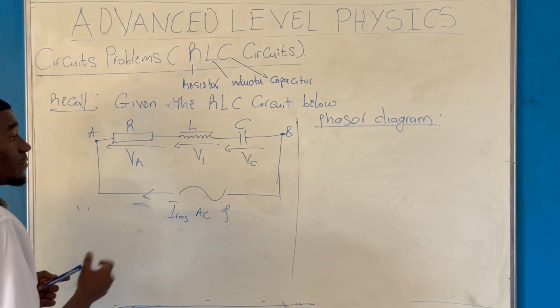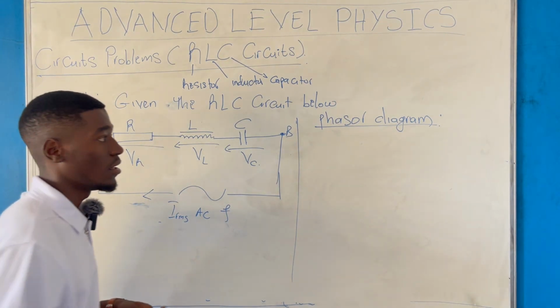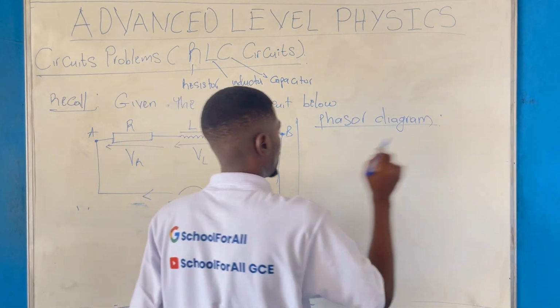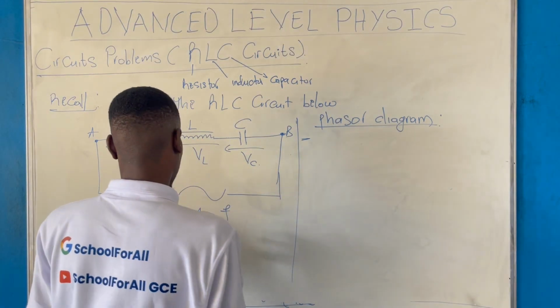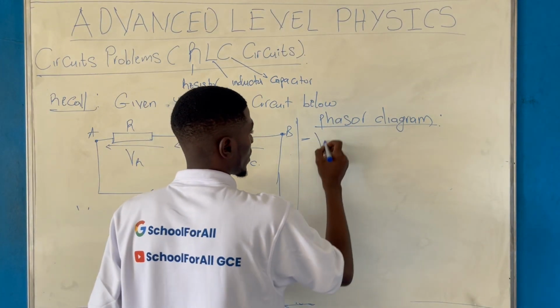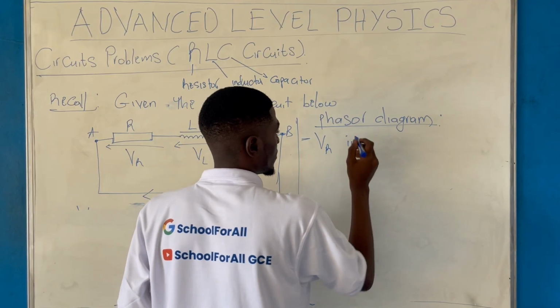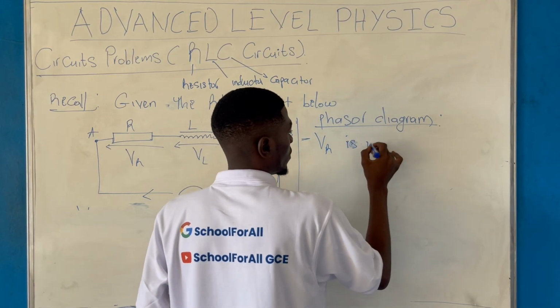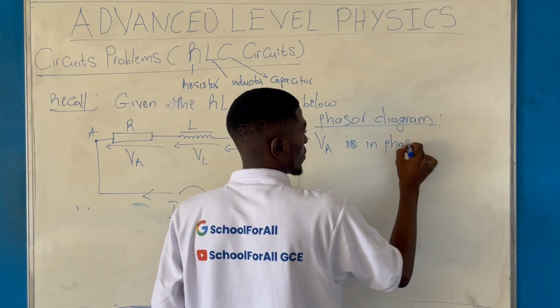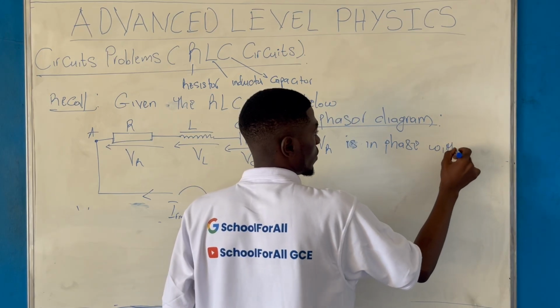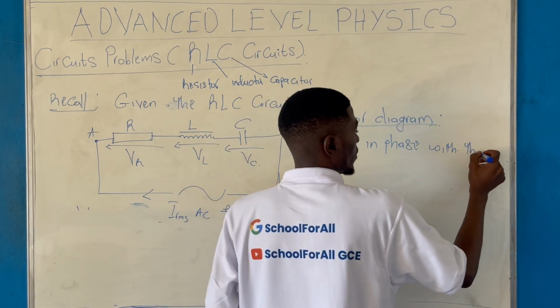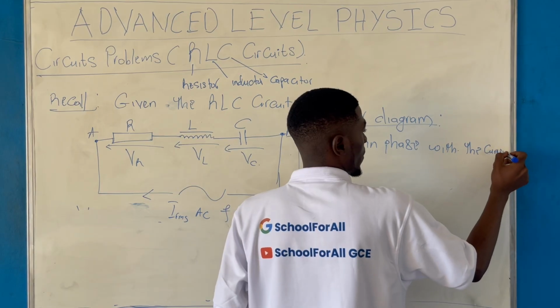It represents the phase difference because they are not all in phase. The voltage across R is in phase with the current.